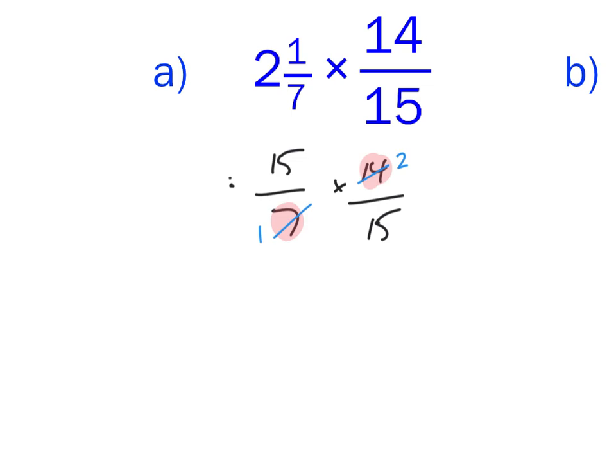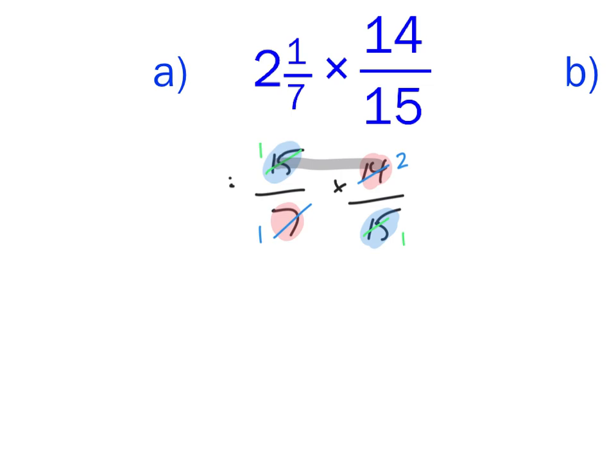Okay? Now, the fun doesn't stop there because we can do the same thing with 15 and 15. What divides into 15 and 15? 15. What do we get when we divide 15 by 15? 1. And now we can go ahead and do our normal stuff where we take the top number and multiply it by the top number.